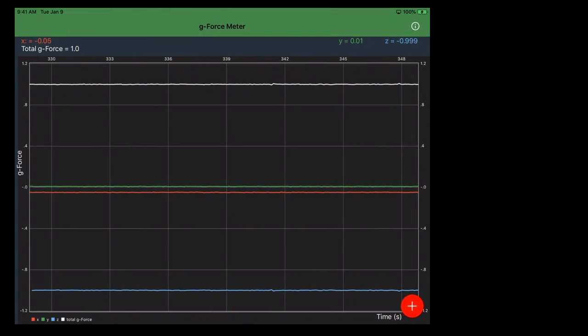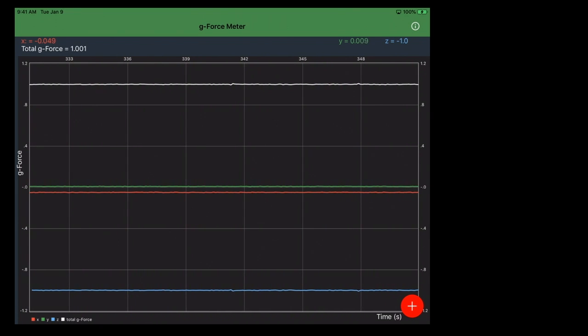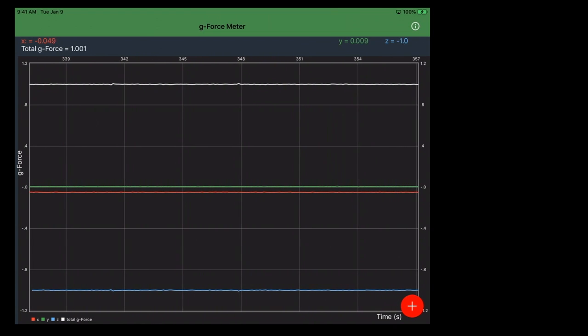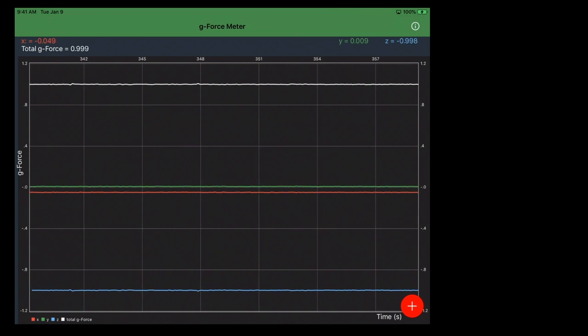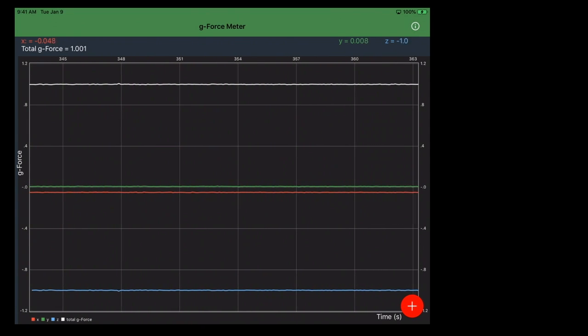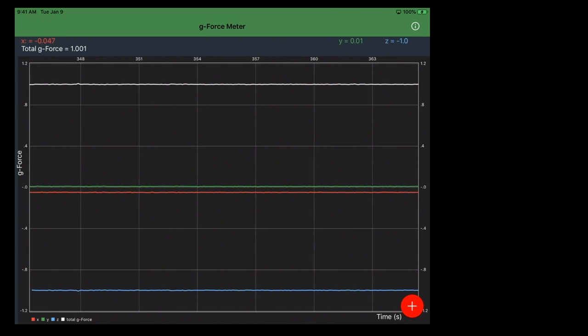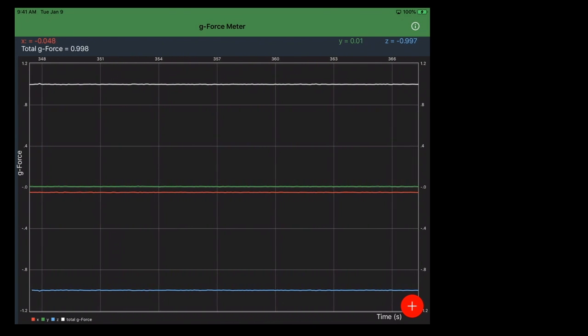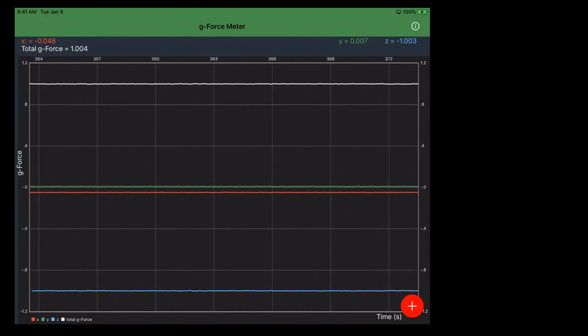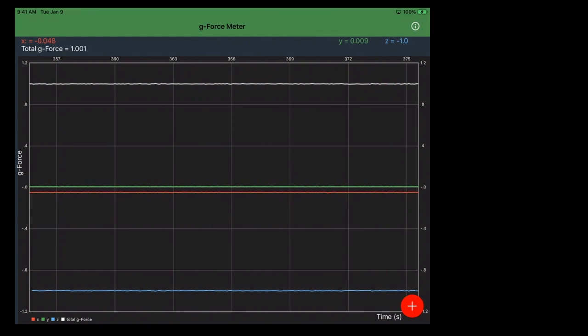Okay, so right now I've got the iPad laying flat on the desk, and the button is to my right, and the long axis is facing me, but again, it's laying flat on the desk. So we see the z-axis, the front to back axis, is reading negative 1g, and there's a total up in the white line up there of about 1g acting on the iPad. Now, this is what we would expect.